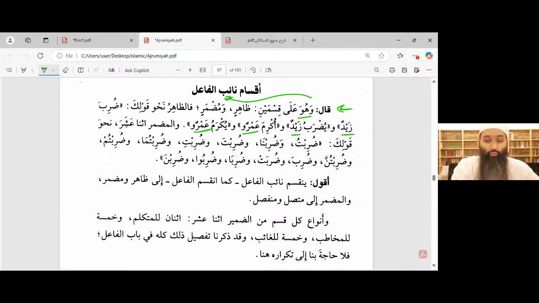والمضمر اثنا عشر, and as you know the ضمير is twelve: two for متكلم, five for مخاطب and five for غائب. والمضمر اثنا عشر same as the فاعل, for example you say ضربنا and ضربت, these two are for متكلم.